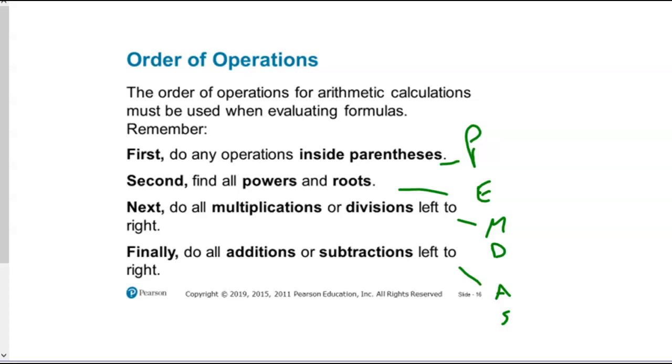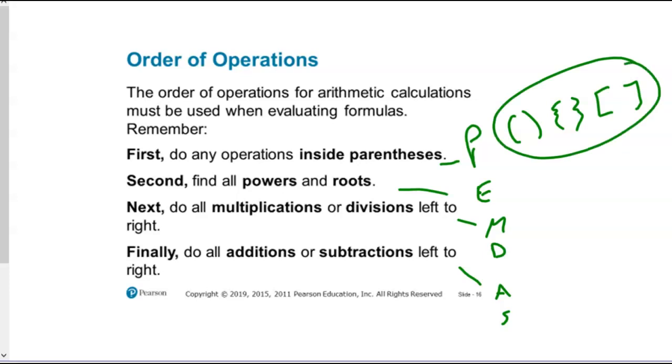One of the things I want to make sure to remind everybody is that a parentheses can not only be a parentheses, but it can also be a brace or a bracket. And so make sure to do everything inside of these types of grouping symbols before you do the rest of the problem. And then you can do exponents. So a number squared would be an example of an exponent.